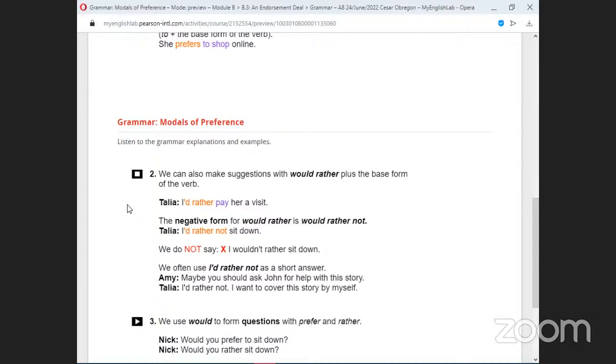Maybe you should ask John for help with this story. I'd rather not. I want to cover this story by myself. So we can also make suggestions with would rather. And most of the time in speaking and also writing, we use a contraction.